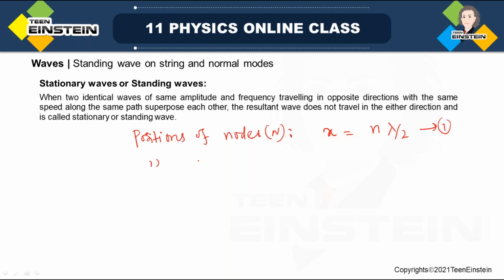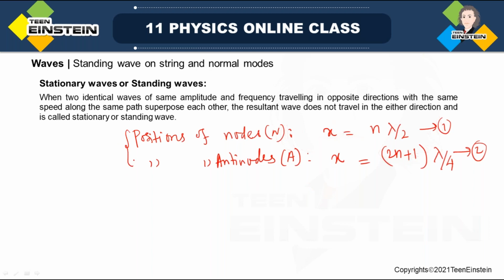And positions of antinodes are given by x is equal to (2n plus 1) times lambda by 4. This is equation number 2. So these are the positions of nodes and antinodes.